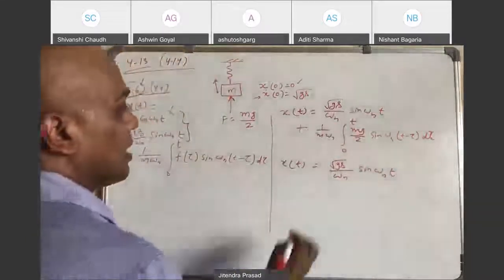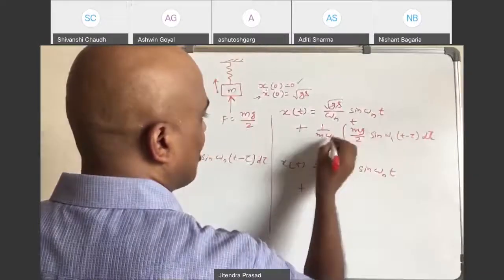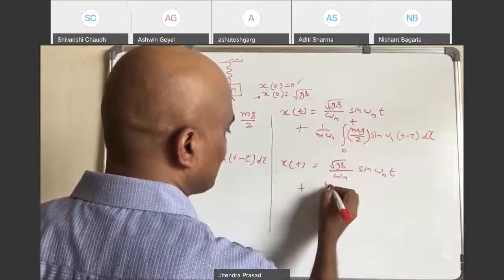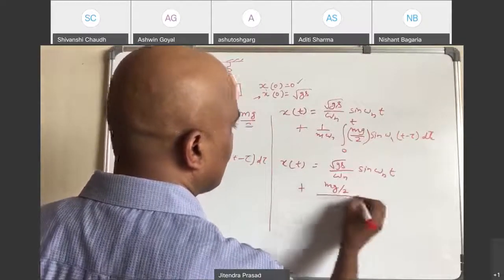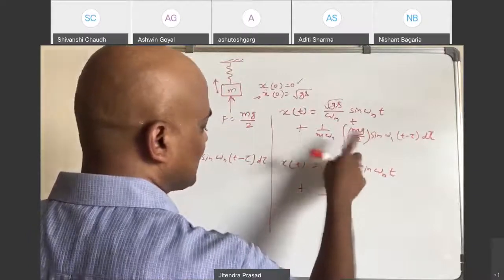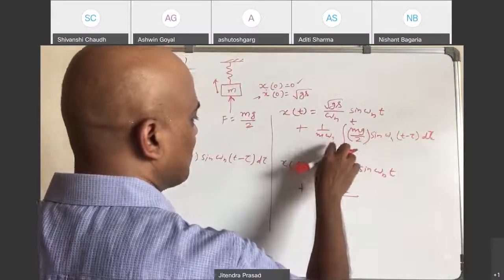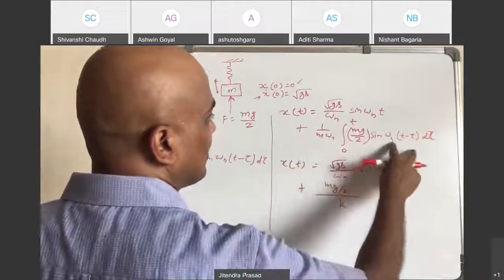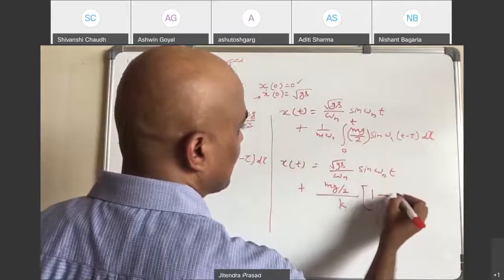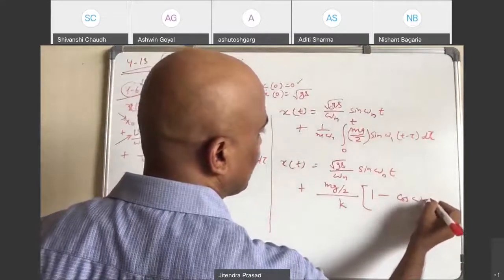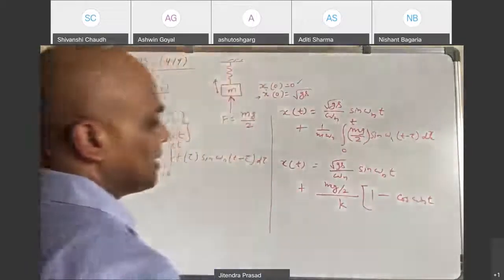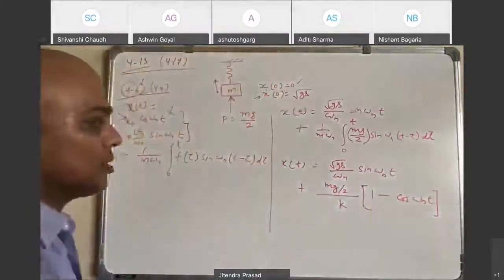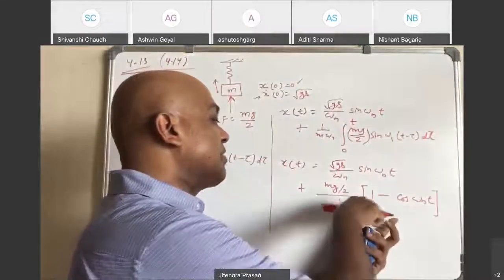This term is there, plus you get the f naught terms, so mg over 2, f naught over m omega n square term. So m omega n square is nothing but k, so the k term will be there, and then you get simply 1 minus cos omega n t. So this is what we found.